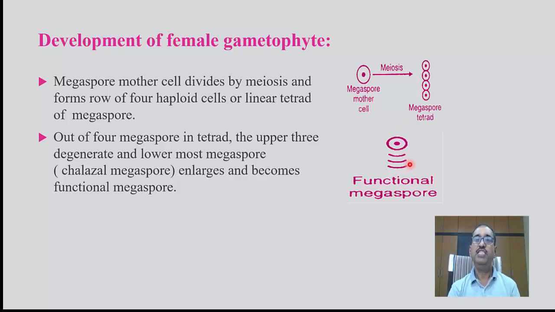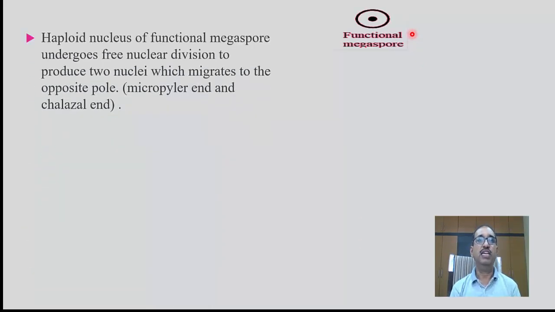Only the megaspore present toward the chalaza acts as the functional megaspore. It is the first cell of the female gametophyte.